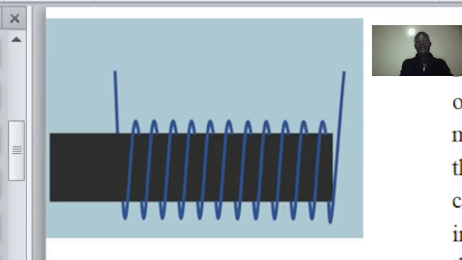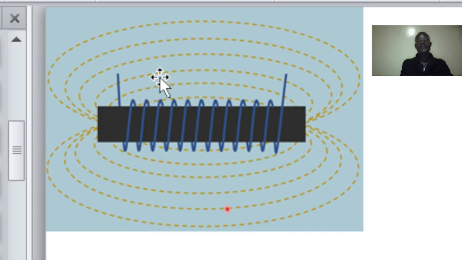Now, if we pass a current through a coil and then we place a magnet, or not really a magnet, but a magnetic material, inside that coil, then that material is going to be magnetized, and a magnetic field is going to be formed.